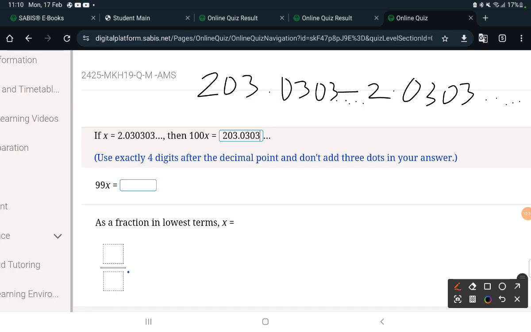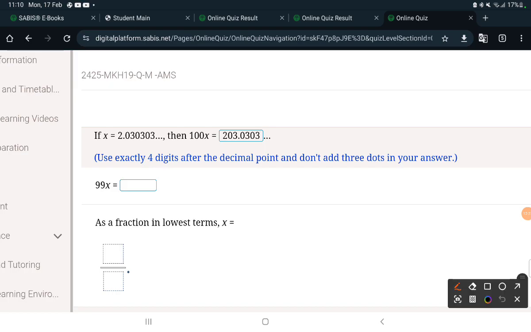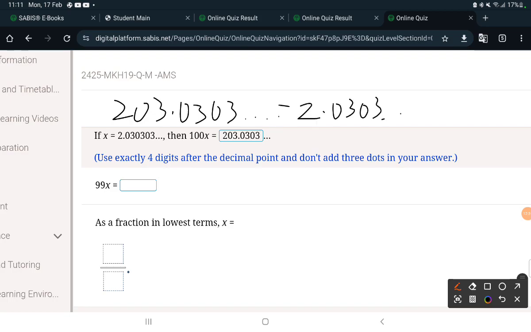Okay, wait, let me make that more neat. 203.0303 minus 2.0303 equals 100x minus x.